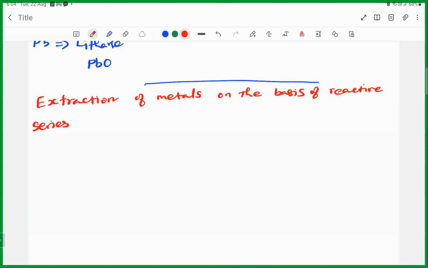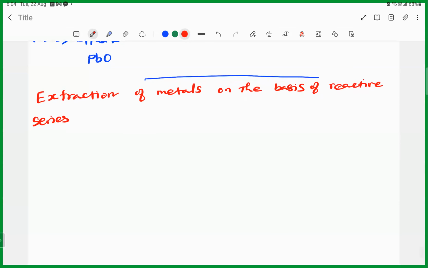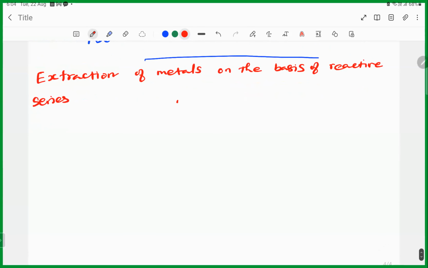Extraction of metals. So metals, we are classifying into three types.